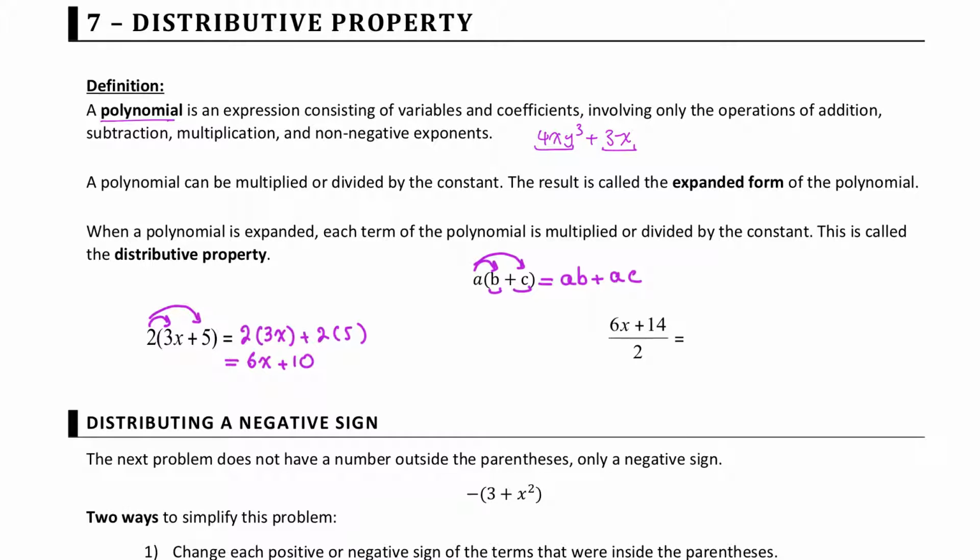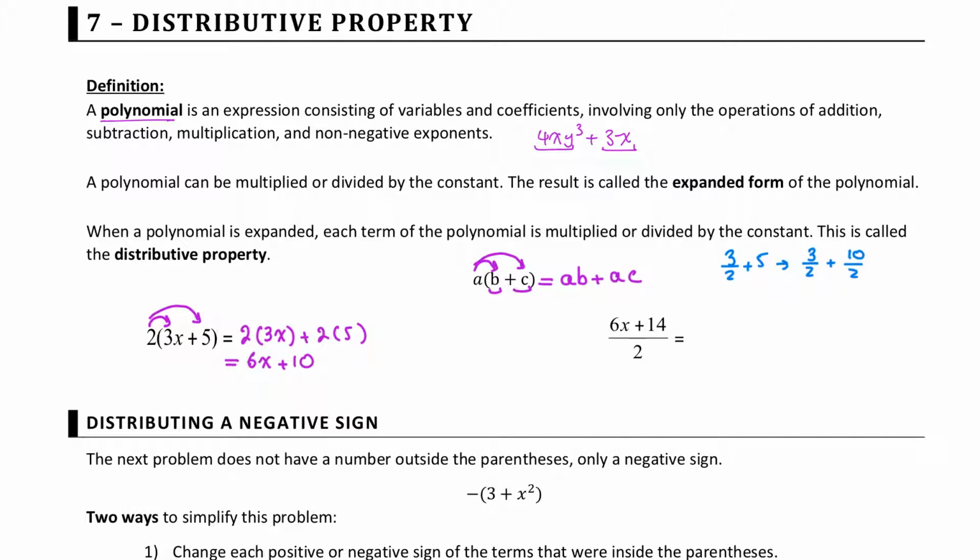Now, before looking at the next example, let's review the addition of fractions. So let's look at 3 over 2 plus 5. If I want to do this, I have to get a common denominator of 2, so it becomes 3 over 2 plus 10 over 2.